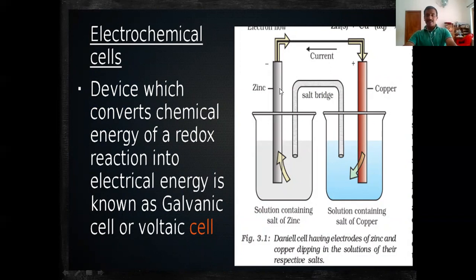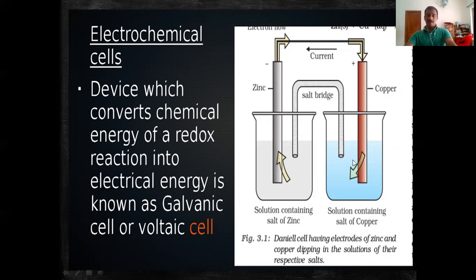And the released electrons will pass through this circuit and reach the copper electrode and pass into the solution. There it combines with the Cu2+ to form copper. So here zinc is oxidized to Zn2+, and here Cu2+ is reduced to copper.